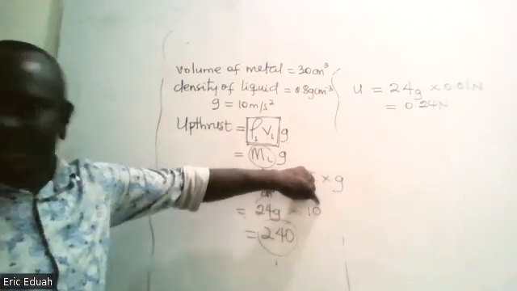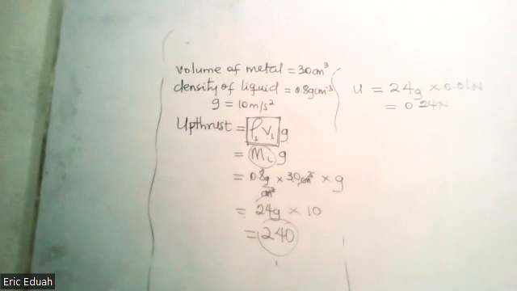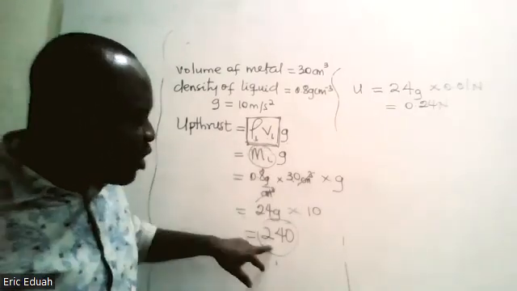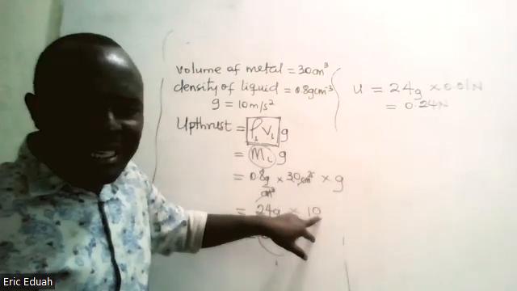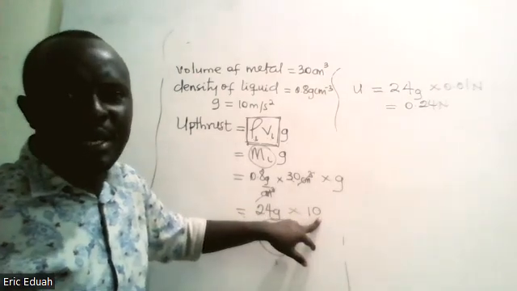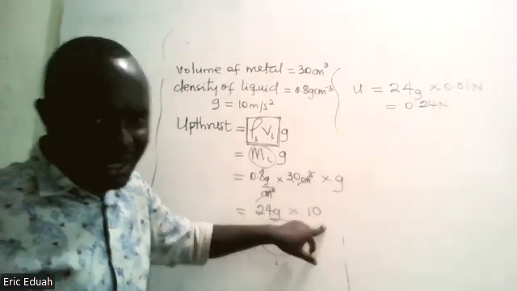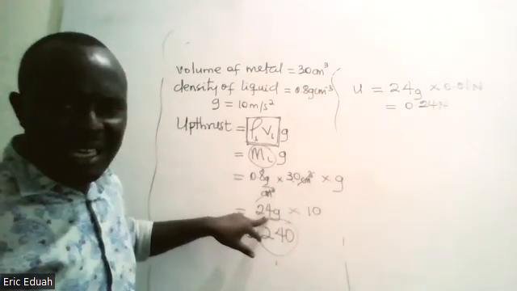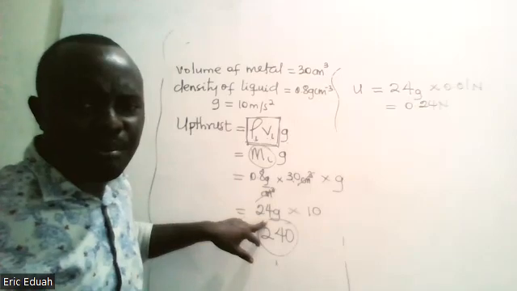It is wrong because g is in SI unit, meter per second squared, then the mass is in gram.